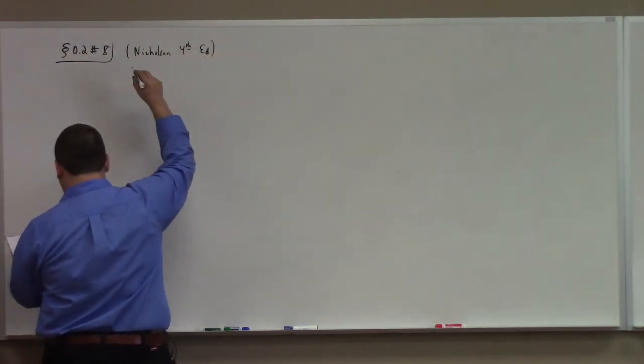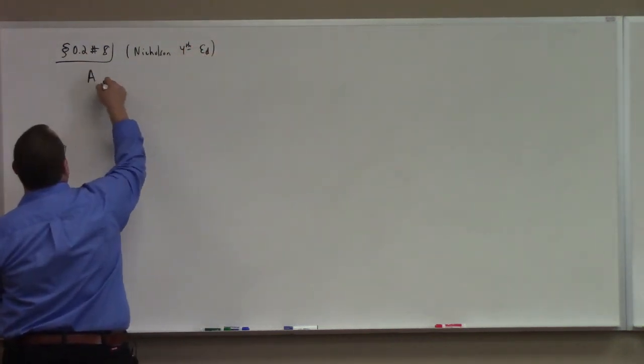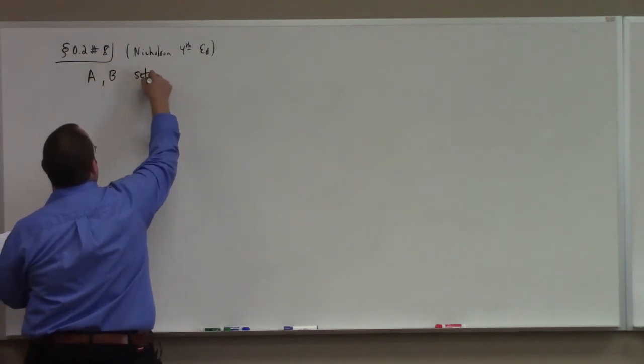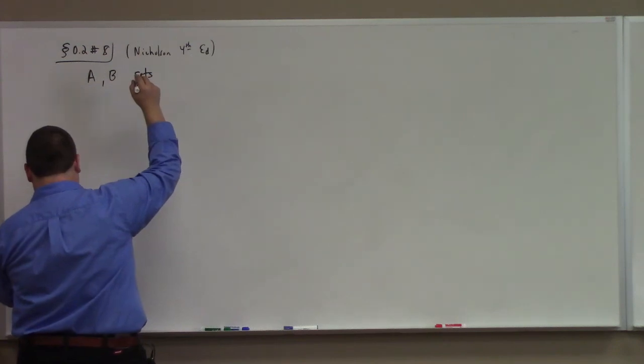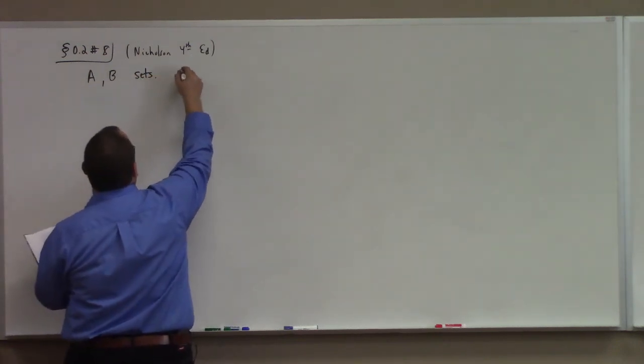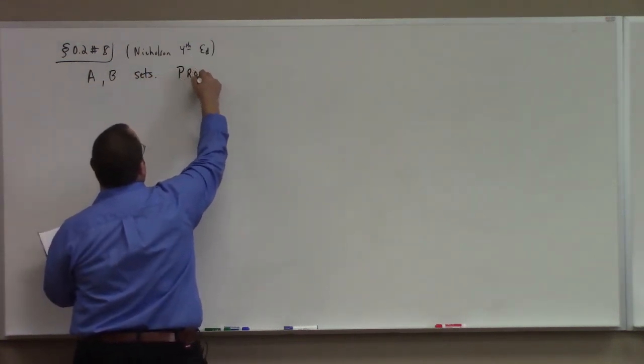Anyway, so it's a basic set theory question. A and B are sets, right? And we're given what? Here's the thing we're trying to prove, right? What are we trying to prove?